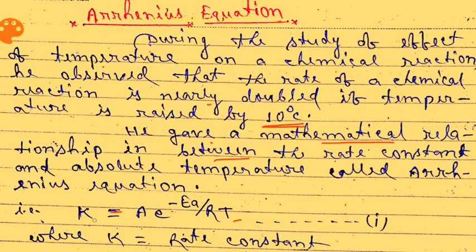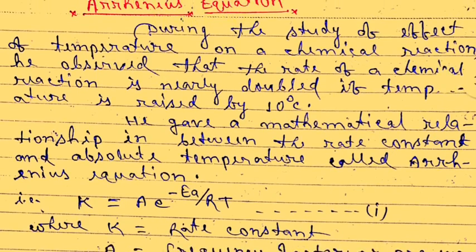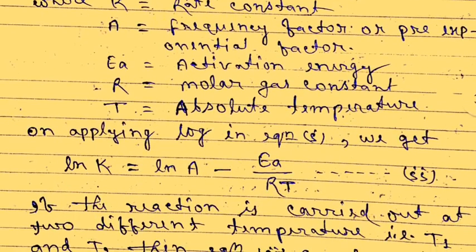It is mathematical relationship in between rate constant, absolute temperature as well as activation energy, where K is rate constant, A is frequency factor or pre-exponential factor, EA is activation energy, R molar gas constant.